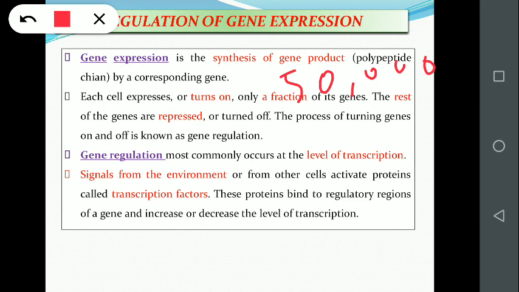Then what happens? The E. coli organism is sensing the presence of lactose, and then it is switching on the genes, and those genes are expressed to produce specific metabolic enzymes, and those enzymes will take up the lactose and hydrolyze or metabolize it for the production of energy.